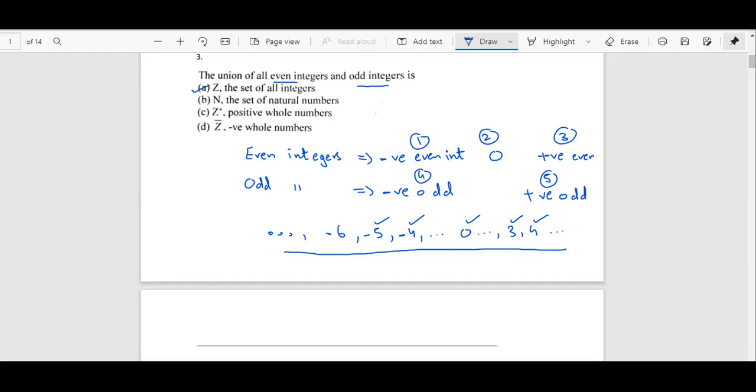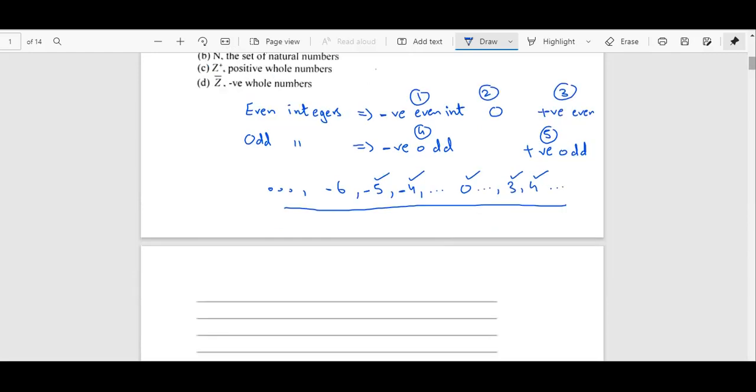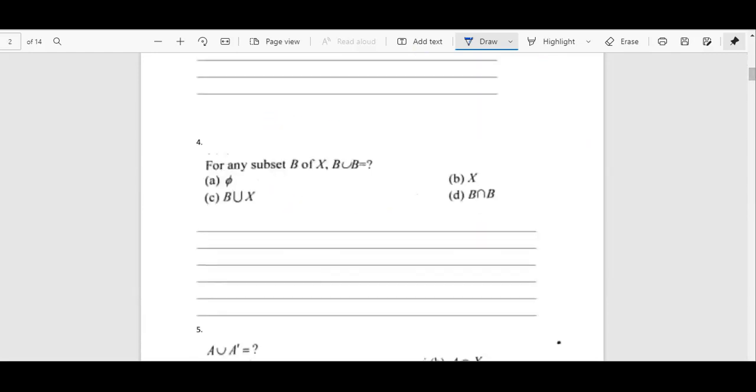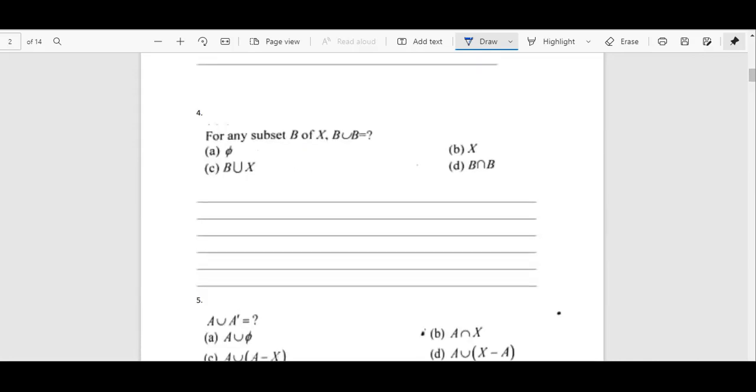All right, now let's talk about the fourth question. So in the fourth question, we have for any subset B of X. Now X is the big set and B is the small set. B union B is going to be, okay. Now let's talk about union here. Right.